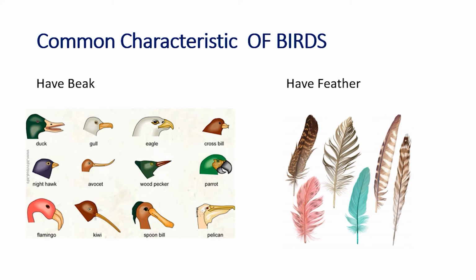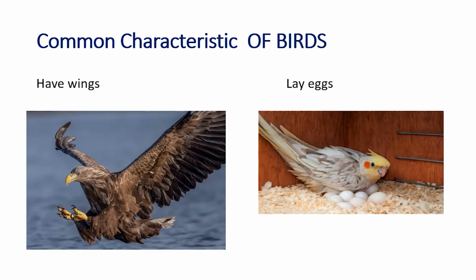The first one, all birds have a beak. And then the second one, they have feathers. Their body is covered by feathers. The third one, usually birds have wings. That's why some of them can fly. However, there are also birds that cannot fly. And then the fourth one, they lay eggs atau bertelur.